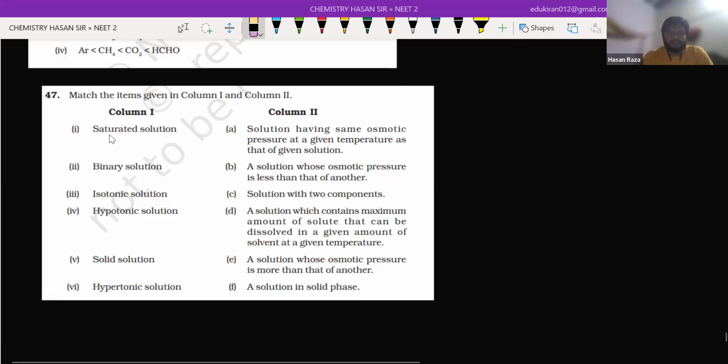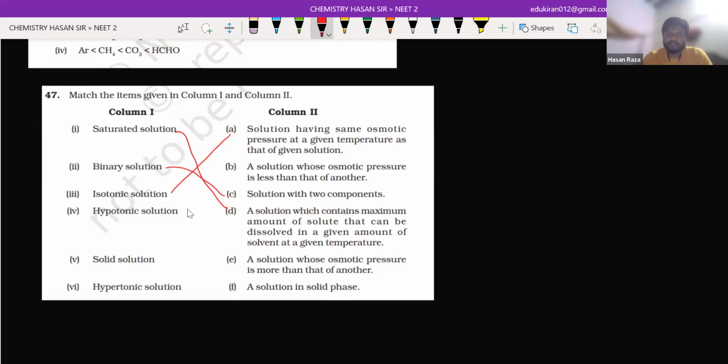As you can see, this is your saturated solution. A saturated solution is the one in which the maximum amount of solute can be dissolved at a given temperature. So the answer will be D here. Binary solution, that means two components, so this will go with C. Isotonic solution, same osmotic pressure.